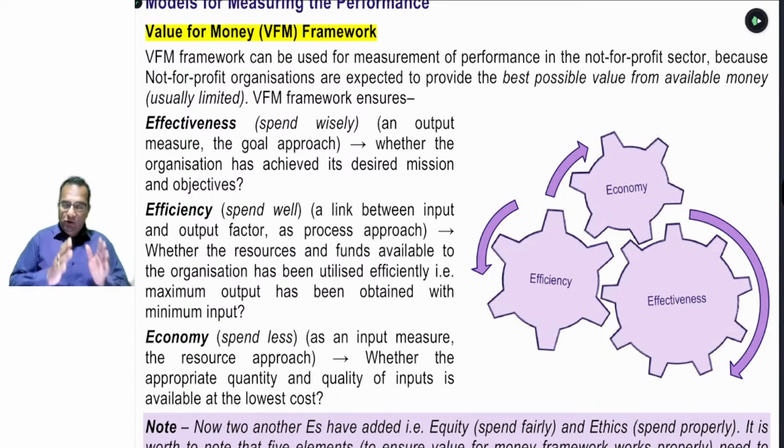Okay, so what do we mean by effectiveness? Whenever we are measuring the performance from the very first E, known as effectiveness, we will check whether the purpose, the mission of that not-for-profit organization has been successfully achieved during the period in question or not.